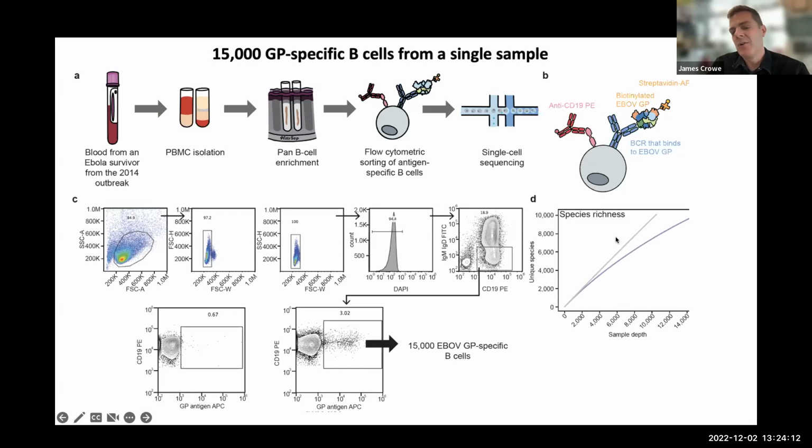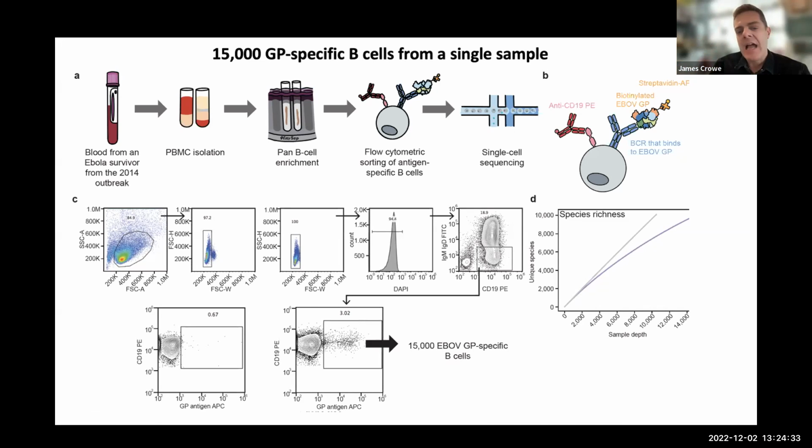The gray is infinite, and the purple is what we saw. And what this tells us is we keep finding new antibodies, even when we get out to 15,000 clones in one specimen. This is just one person at one time point. So the diversity of the human immunome around a particular infection, this is just one protein, is enormous.